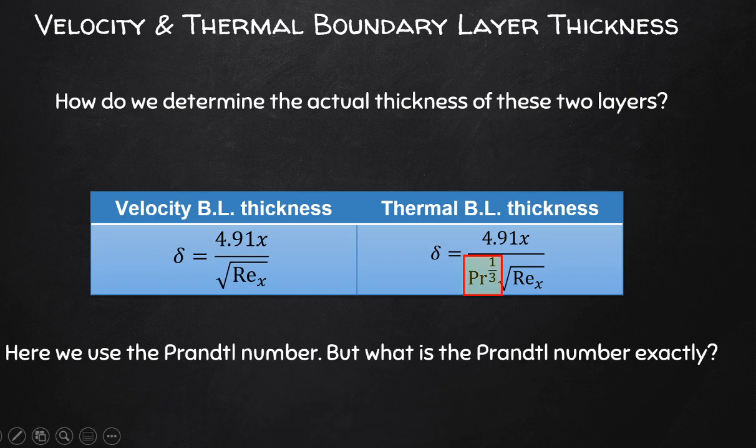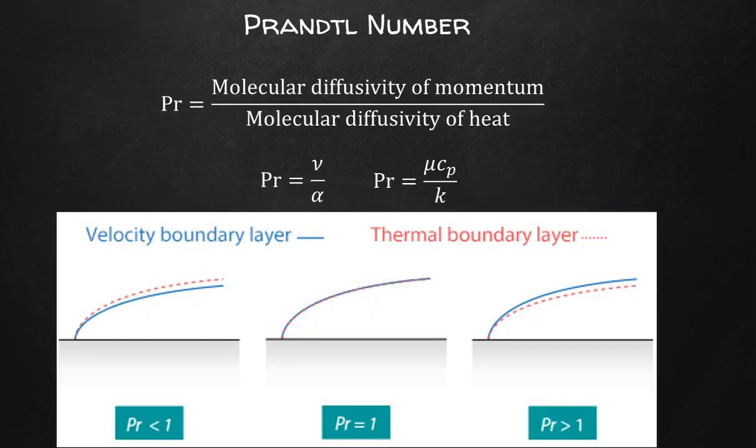One last thing, the thermal boundary layer is also a function of the Prandtl number. We have not yet defined what the Prandtl number is in this lecture. Firstly, the Prandtl number is another dimensionless number, which we typically use in heat transfer applications.